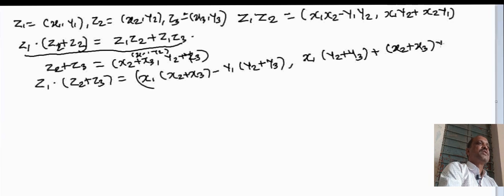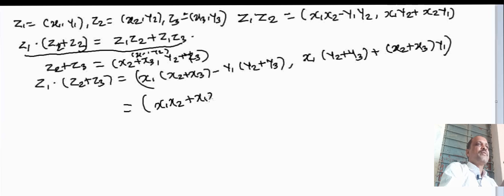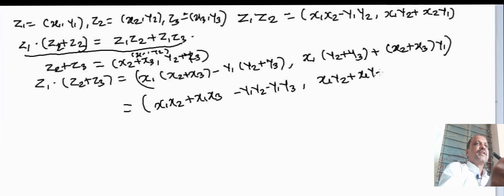So, this is z1 into (z2 plus z3). Expanding: (x1 x2 plus x1 x3 minus y1 y2 minus y1 y3, x1 y2 plus x1 y3 plus x2 y1 plus x3 y1). Suppose this is 1.